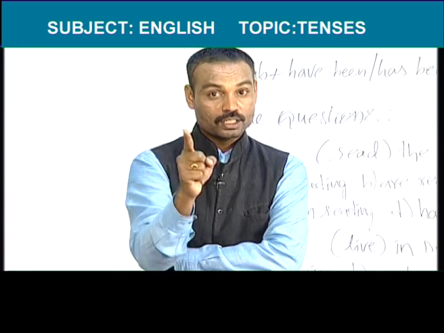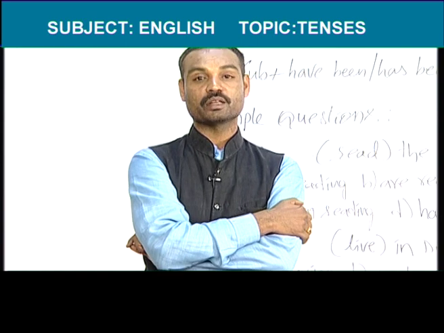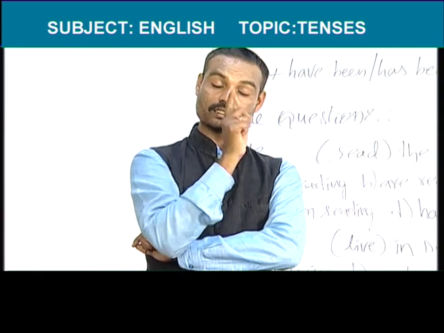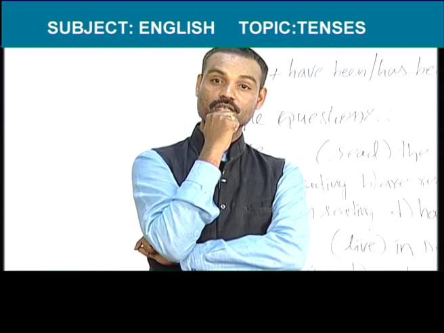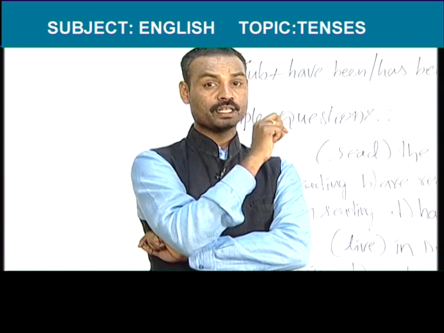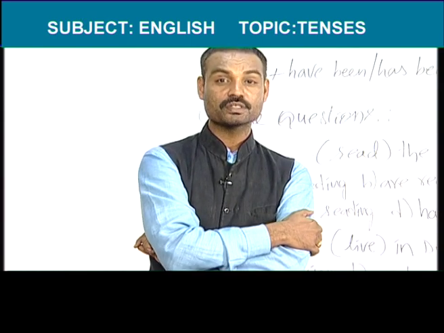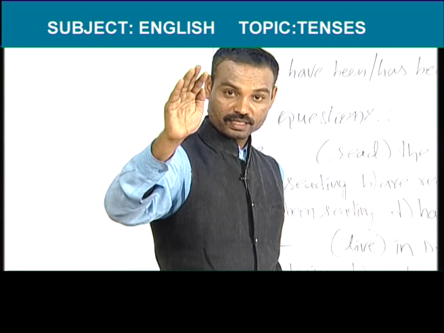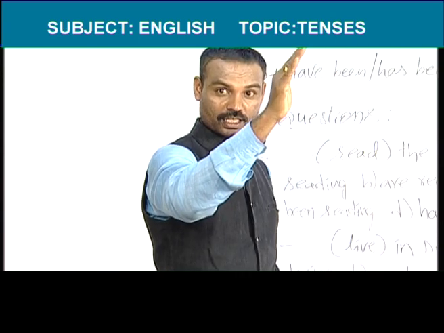Negative sentence: Tendulkar was not playing tennis with him. Interrogative: Was Tendulkar playing tennis with him? Negative interrogative: Wasn't Tendulkar playing tennis with him? Was Tendulkar playing tennis? Interrogative. Wasn't Tendulkar playing tennis? Negative interrogative.